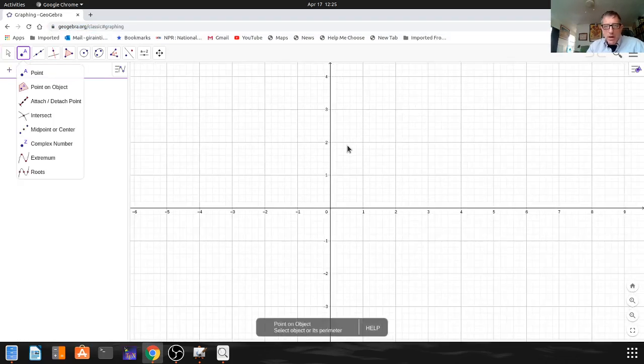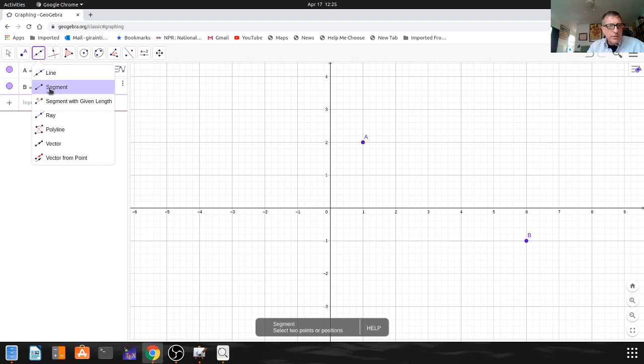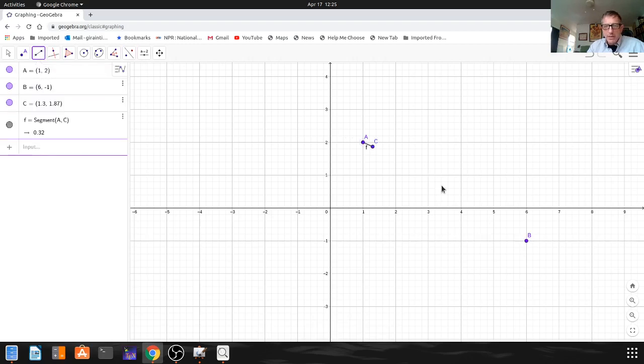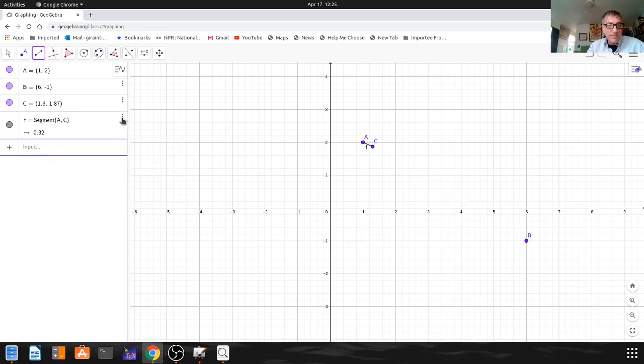And what we want to know is, suppose I have a point right here and a point right down here. I don't know how to draw a line segment. Oh, I know how to draw a line segment right there. Well, now that I know how to draw the line segment, let me draw what I wanted to draw to begin with.